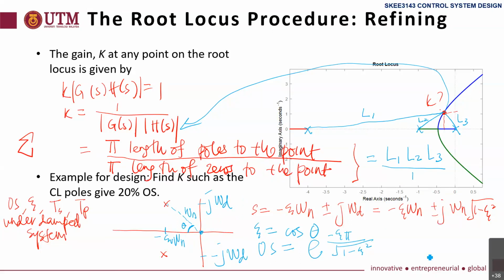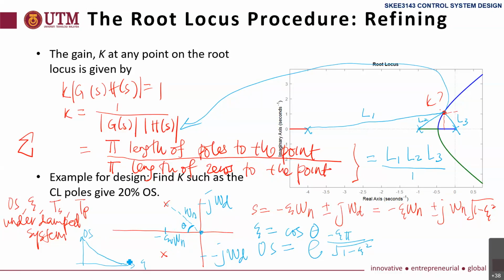And we know that overshoot and damping ratio are inversely proportional. If we increase zeta, then overshoot will decrease.